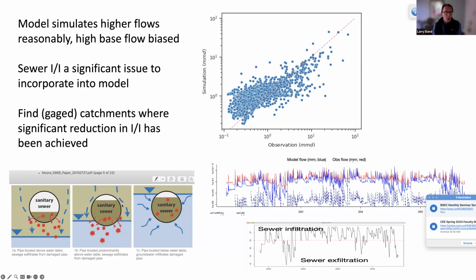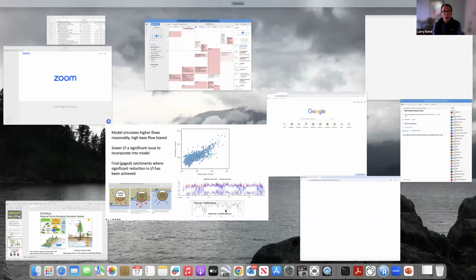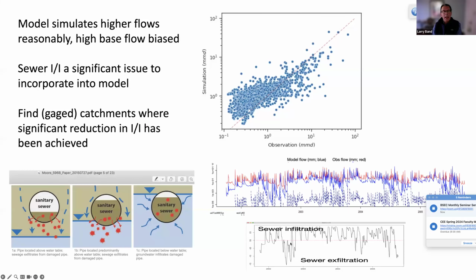We've been incorporating an inflow and infiltration model drawn from a couple of other sources to try to be able to simulate when we're getting sewer infiltration and exfiltration. Exfiltration when the groundwater table is low and it's yielding effluent out into the groundwater, and inflows when groundwater is high.